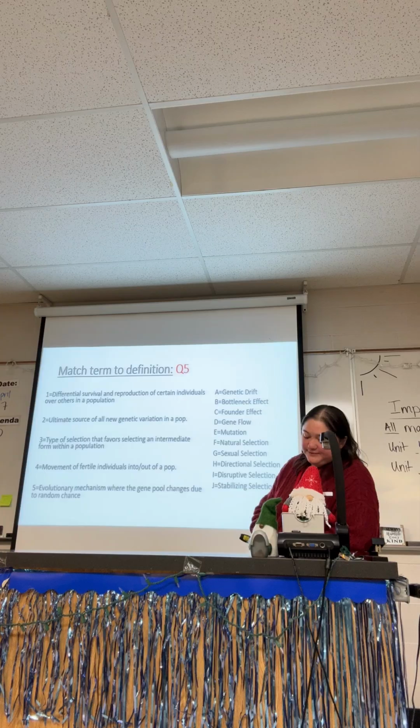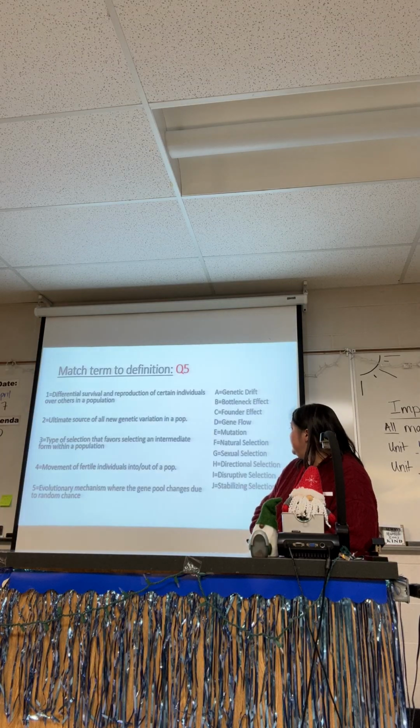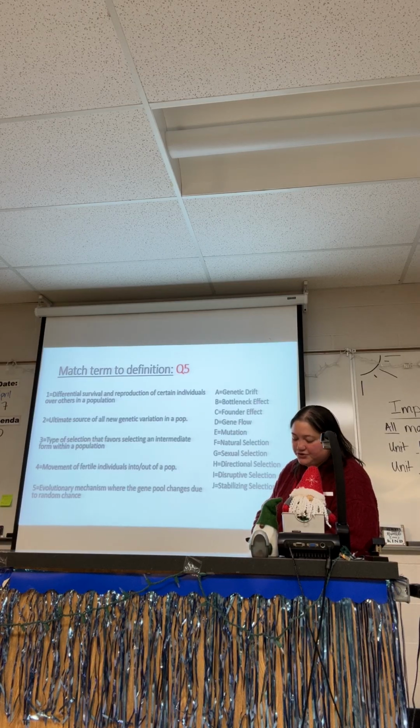And then number 6, a form of natural selection where certain individuals are more likely to mate than others. Good. G for that one. Number 7, type of selection that favors selecting opposite extremes over an intermediate form. Disruptive selection.